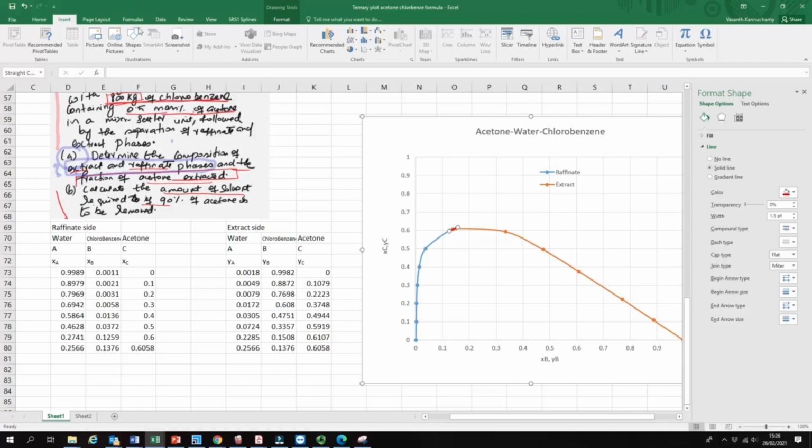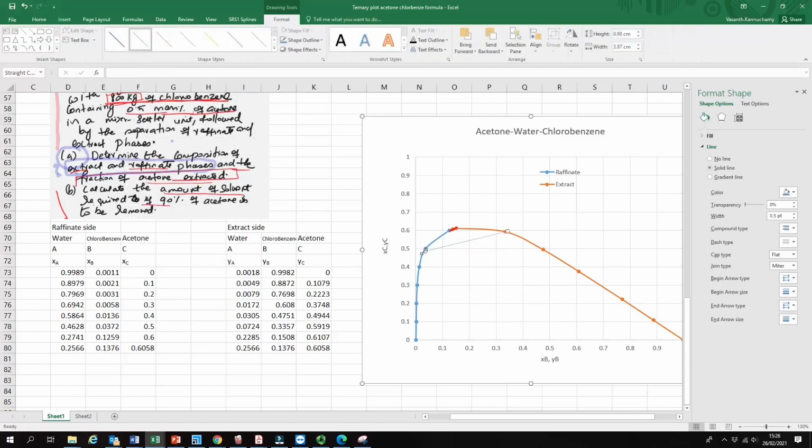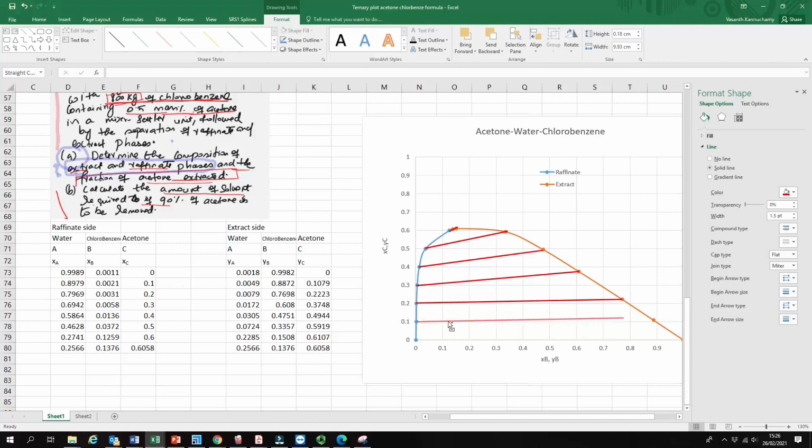And then we can connect all the tie lines, at least to practice and know what our tie line is. Whatever we are drawing now, that's our tie line. This is a tie line. This is a tie line. And we have one more tie line. And we have one more tie line.